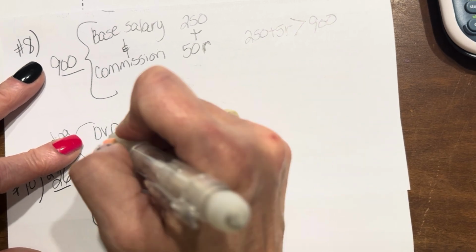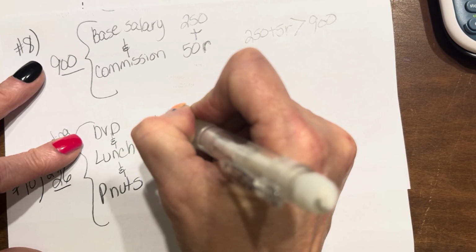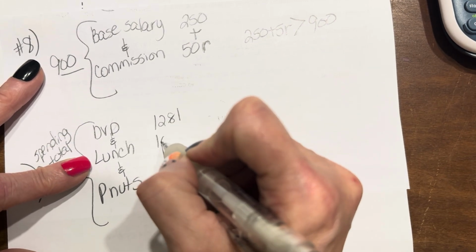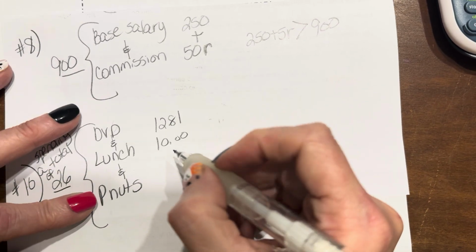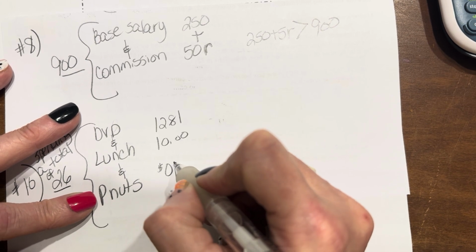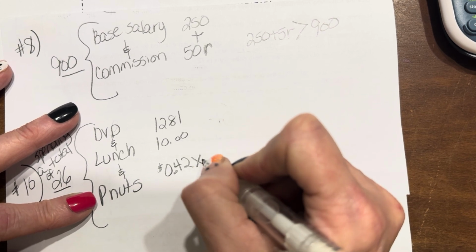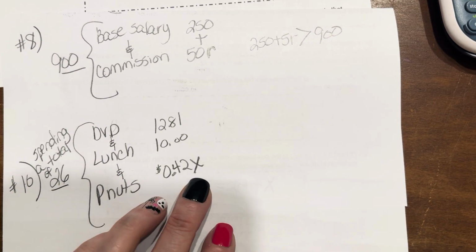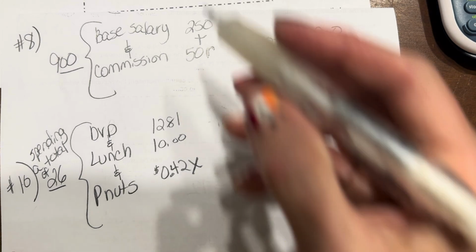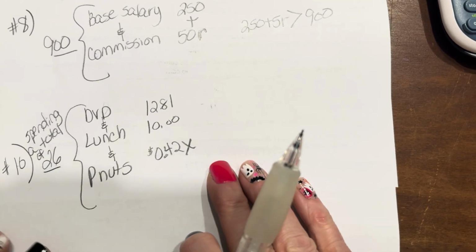The DVD, and right here, is $12.81. His lunch was $10. And the peanuts were 42 cents, but we don't know how many he's buying. So the peanuts is that per package. We don't know how many packages. So that's our variable.